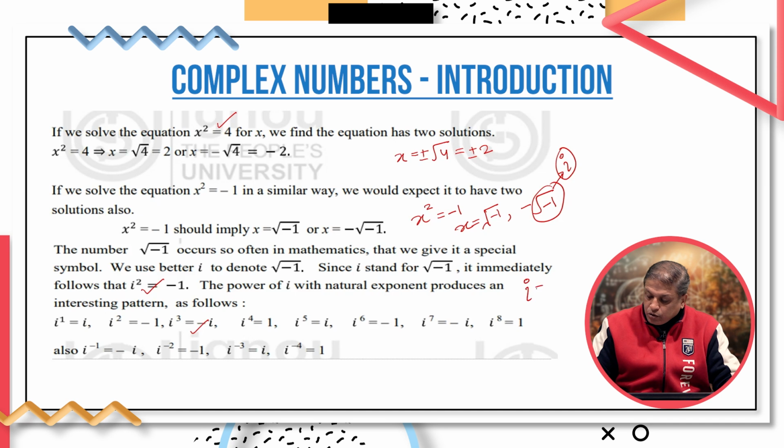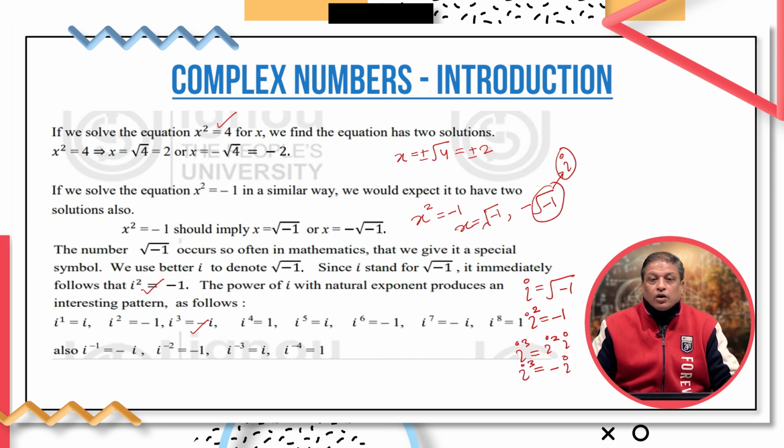Since i is equal to square root of -1, i square turns out to be -1 and i cube turns out to be i square into i, that is minus i. So, i cube is minus iota. On the same lines, you will find that i to the power 4 is equal to 1, i to the power 5 is equal to i, and you can find any number of values.